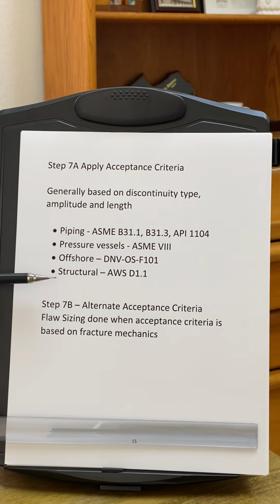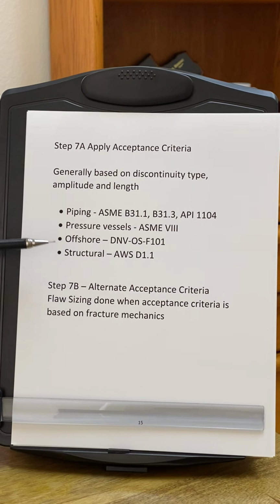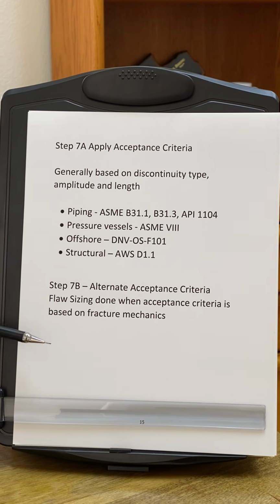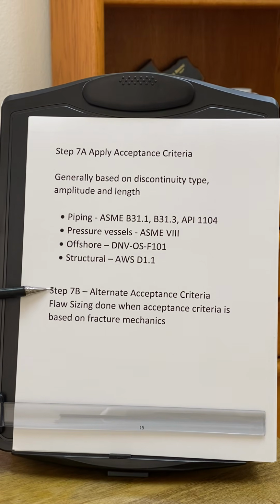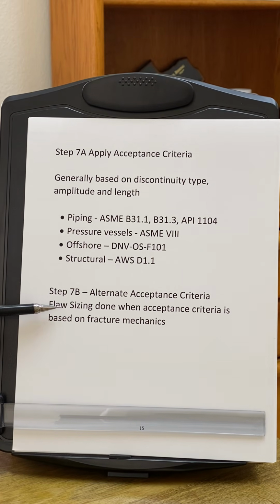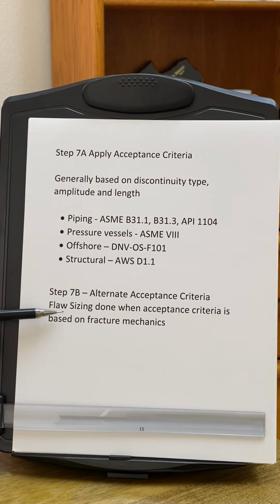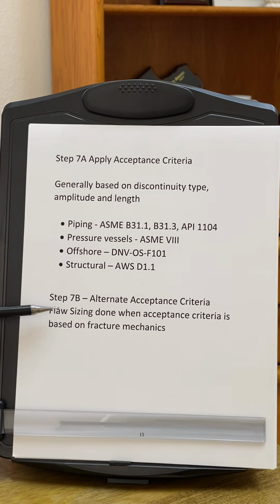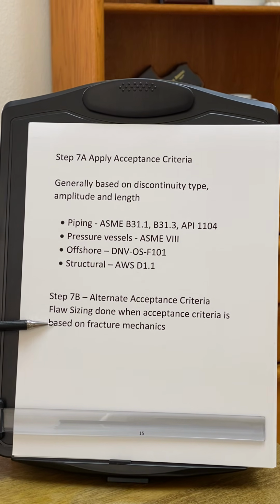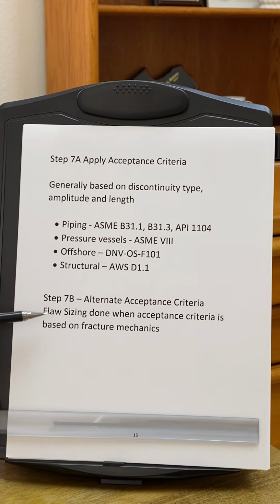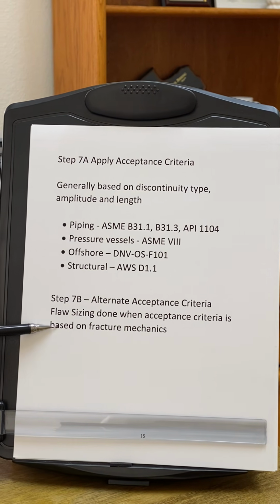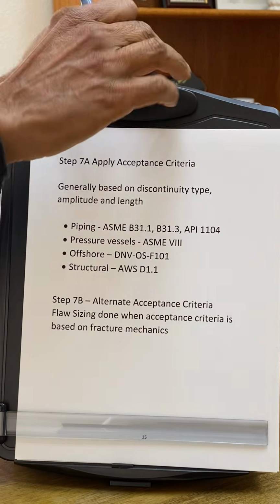Then in ultrasonic testing, we also have what's called the alternate acceptance criteria, which are based on fracture mechanics. And in this case, we have to do the sizing of the indication, which would mean height sizing and length sizing. And based on the height and the length, we apply the fracture mechanics based acceptance criteria for flaw acceptance.